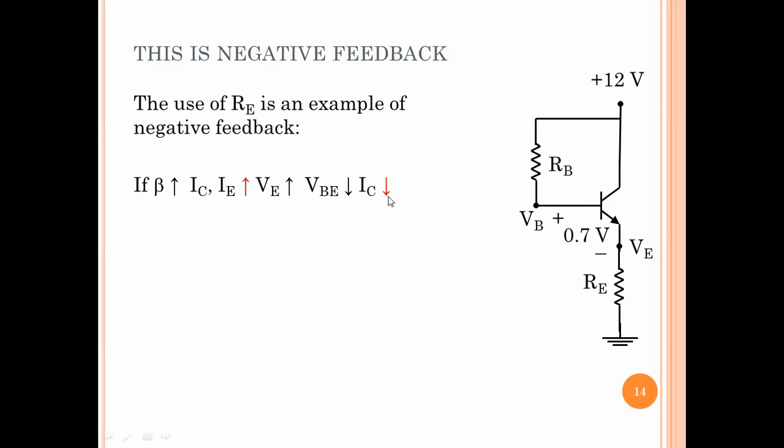So one effect makes the collector current increase, the other effect makes it decrease. And as we have seen, this is a characteristic of negative feedback. When there are two opposing effects that cancel each other out, the overall variation in that quantity will not be much for some primary variation somewhere else. So this is negative feedback.